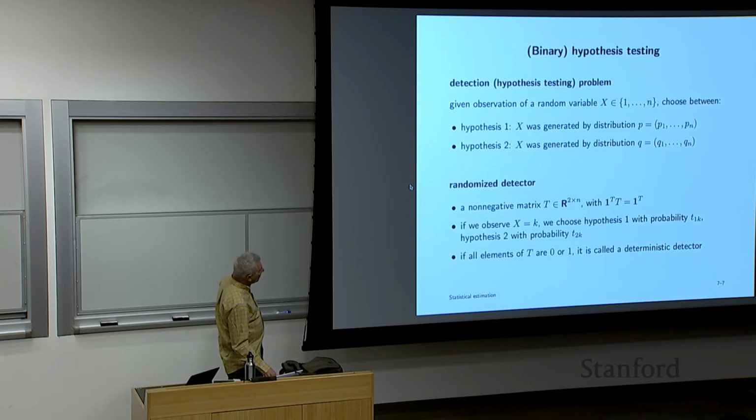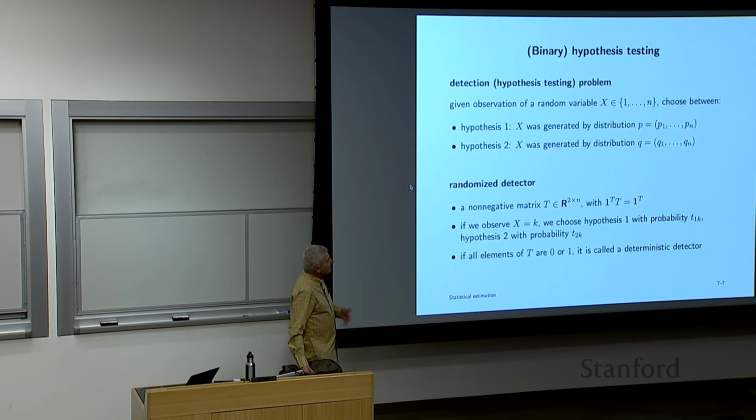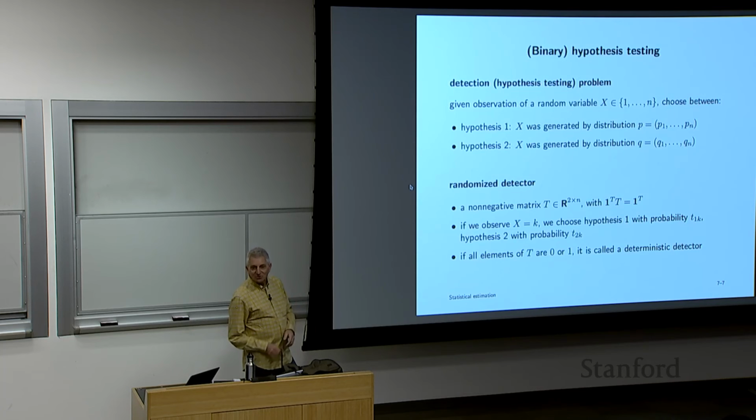The way that's going to work is an outcome is going to happen. Say I observe 7. From that, you have to guess: was it from distribution P or Q? You would certainly know what the optimal guess is. It'd be very weird if P7 was like 0.8, and Q7 was 0.05, and I said 7 is what occurred.